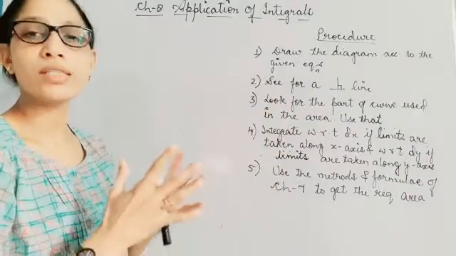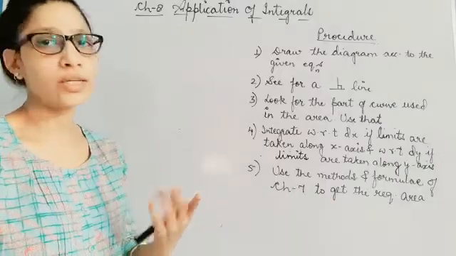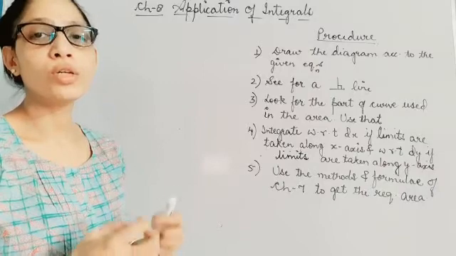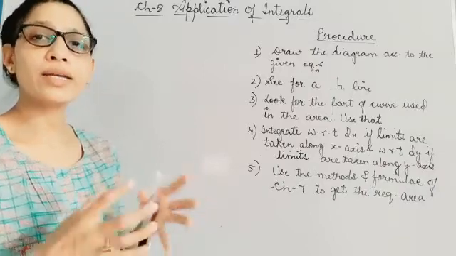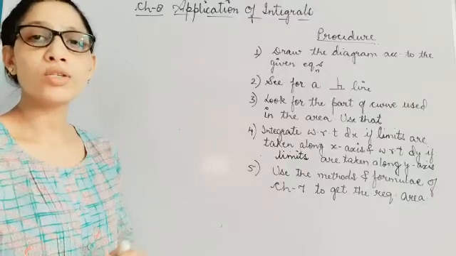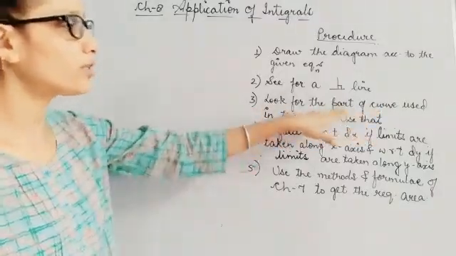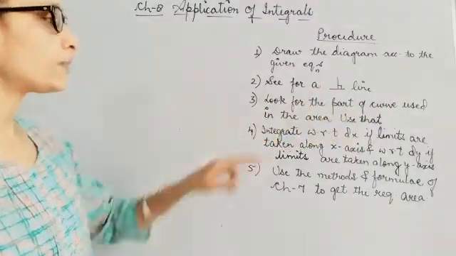If you are taking a simple curve, then of course you will get just one equation and you have to use that. But if you have a combination of two curves and you need to find the area enclosed by these two or more than two curves, then you need to find the part of the curve that the region contains.